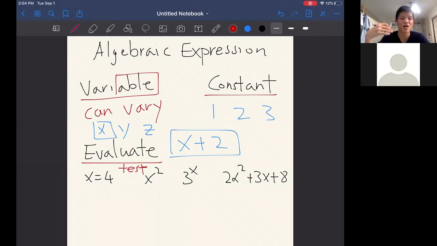We could also say we have to test whether he knows what he's talking about, right? Evaluate means test. So you might see a question that says evaluate when x is equal to 4: x squared, 3 to the power of x, 2x squared plus 3x plus 8. What does this mean? What do we have to do? We need to test what happens if we know x is equal to 4 in these 3 situations, okay?